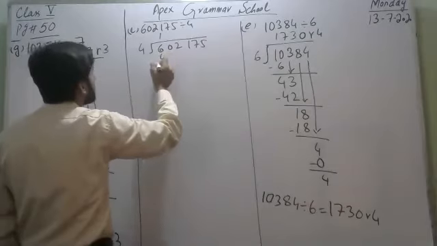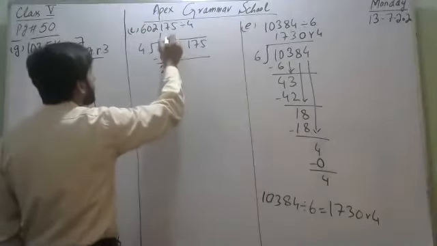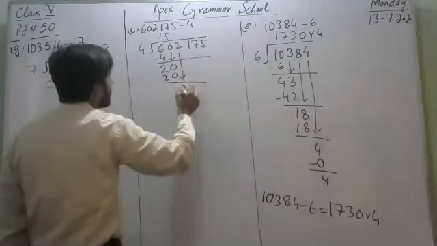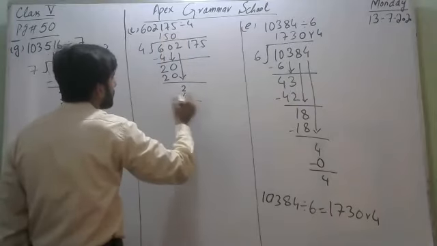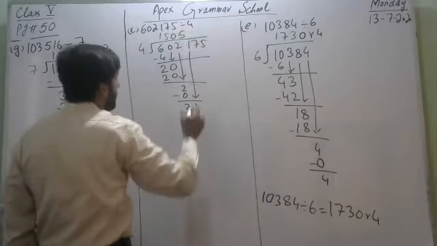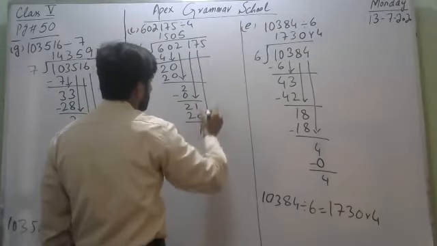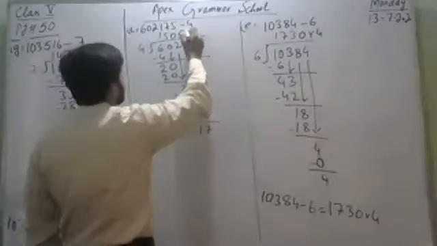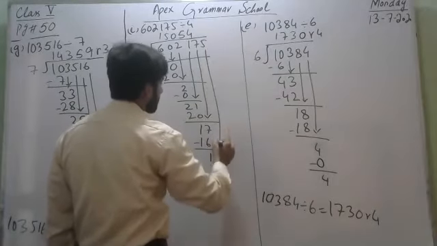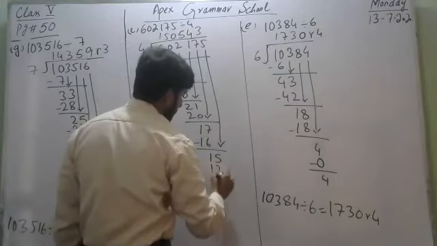Four ones are 4. 20. 4 5s are 20. 2 zeros are 0. 4 5s are 20. 4 4s are 16. 4 3s are 12.